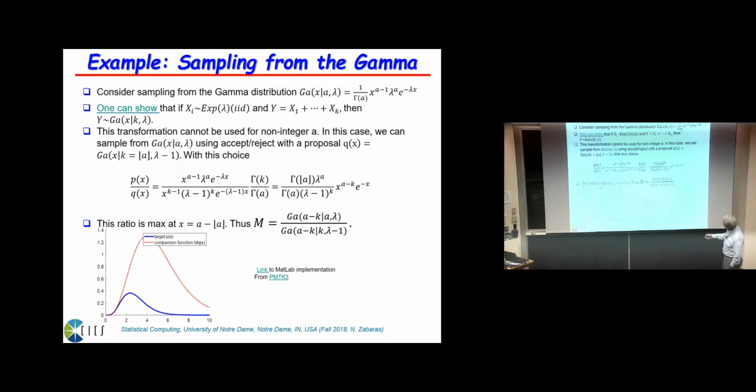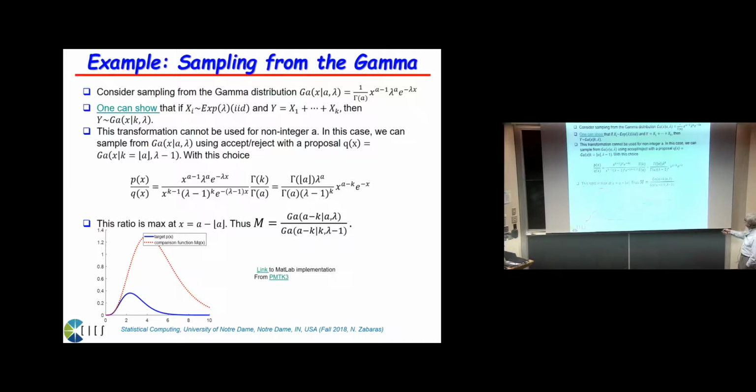This is m prime times q, where q is given by this gamma distribution that you see here. We are basically playing with two gamma distributions here, okay? So this is certainly on the top of the blue distribution. This is the integer part of this coefficient alpha. This parameter here is lambda minus 1, okay?